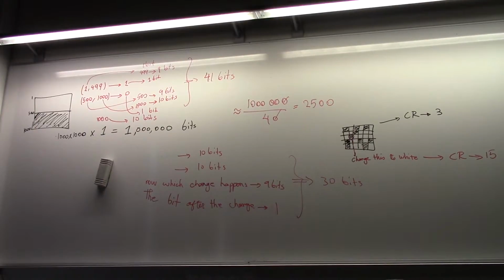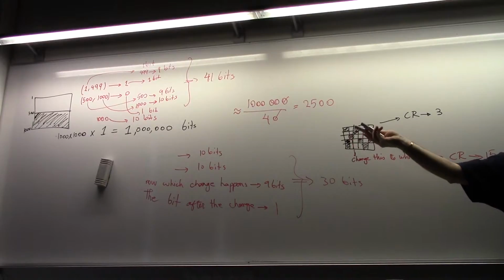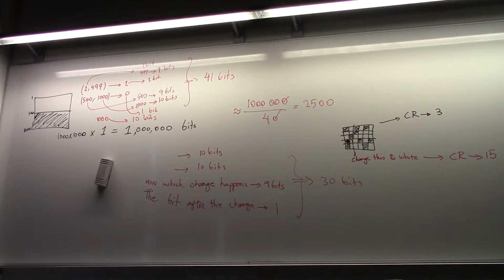So you say, okay, I can lose that specific bit. I can lose one of my pixels, I understand. This is not exactly the same, but I'm compressing it now 15 times.